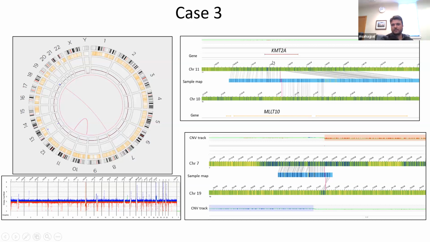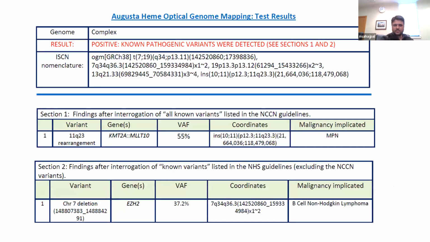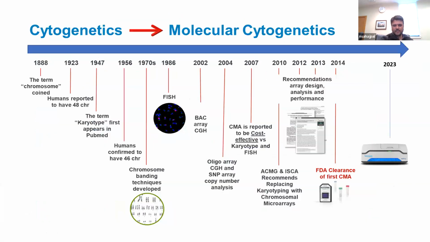So it formed the KMT2A-MLLT10 rearrangement in a way that would also occur in classic translocations. This is how the report looks, and this is what the clinician had asked for, what they want to see in the report.